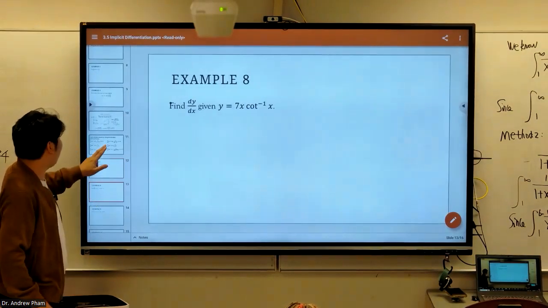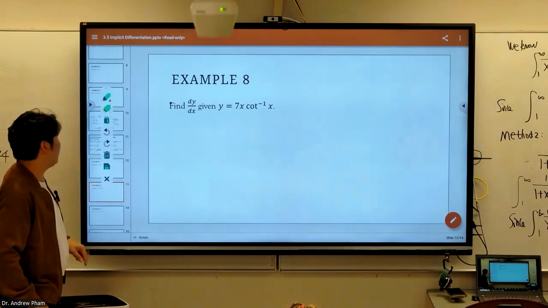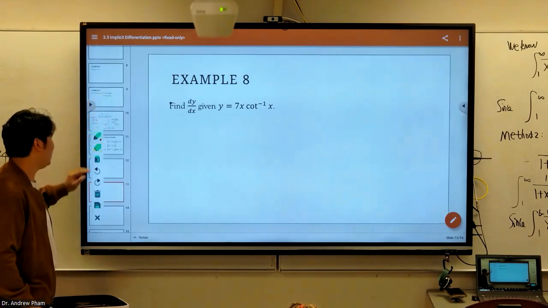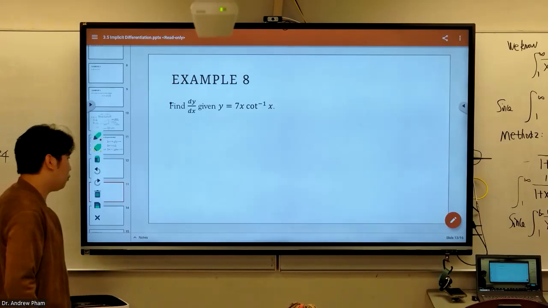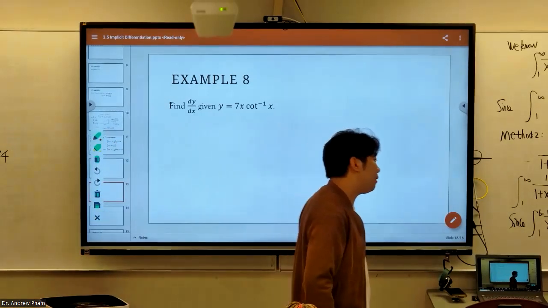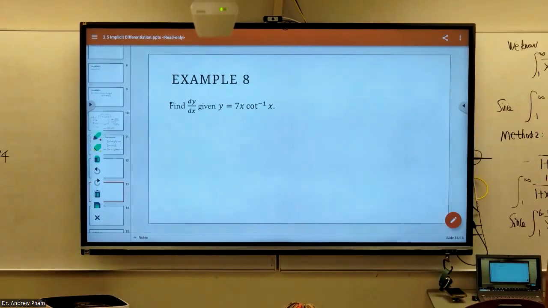Similar instructions, find the derivative. This time we're given y is equal to 7x cotangent inverse of x. What rule are we going to need to get this derivative? Or which rules?